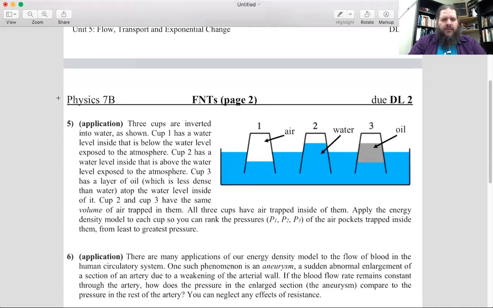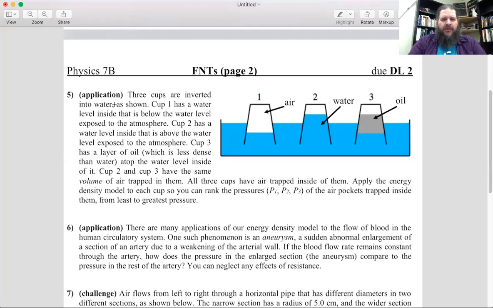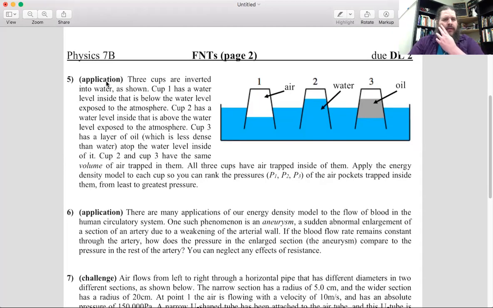Okay, so in this one, we're talking about these 3 upside down cups sealed off at the top, partly immersed in water, and also there's some oil. And if we're comparing locations in these, ultimately we're just trying to figure out what's the pressure of the air pocket in each one. If we apply the Bernoulli equation here, what would be the only terms we would need in that Bernoulli equation?